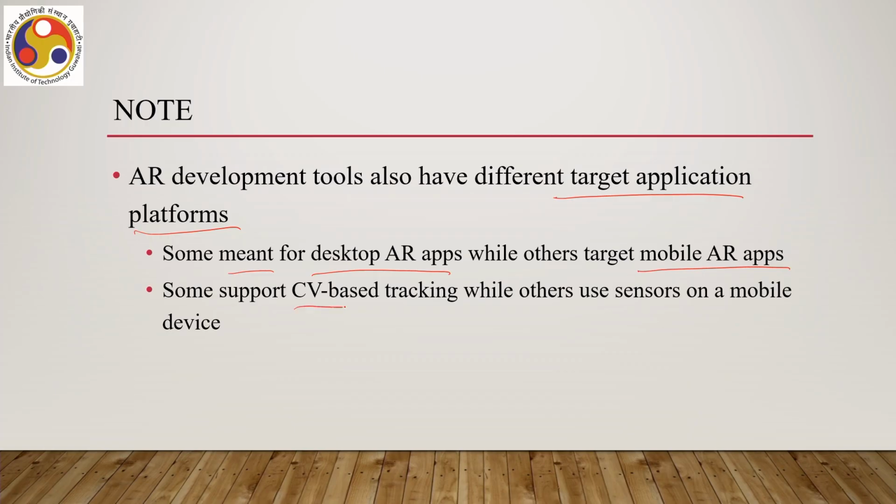Some support CV based tracking, computer vision based tracking, whereas others use other sensors for tracking, such as GPS sensors. So, such technology based, platform based, or skill based categorization is possible with AR tools, but we should try to understand the tools in terms of some sort of categorization for a structured view.